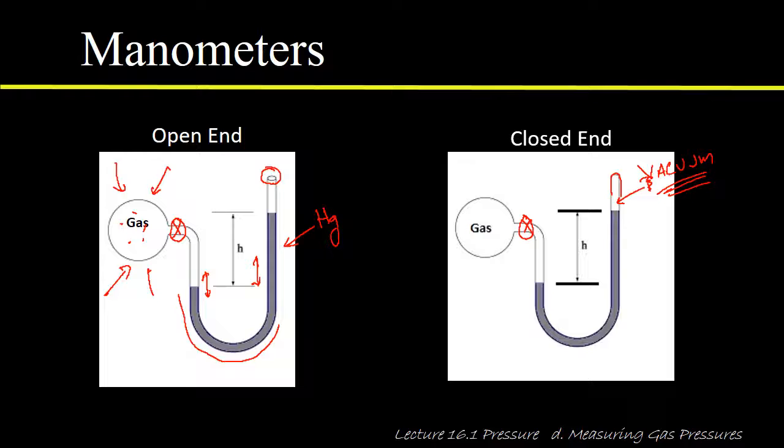That's the only difference between the open end and the closed end. So now we'll look at how we can use this manometer to calculate the pressure of the gas in this little container over here.